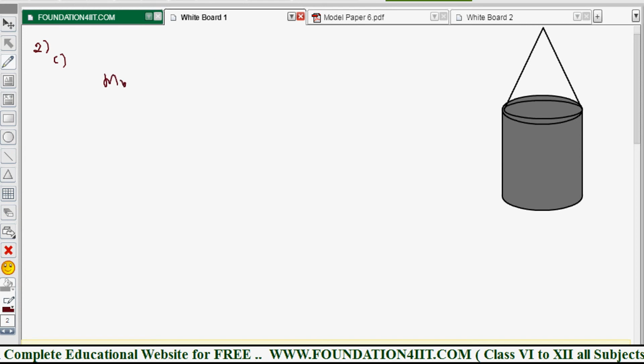Based on the model, the cone dimensions are given and the cylinder's are given, so you can observe both. The radius is common for both: 3 centimeters, and the cone height is 4 centimeters.